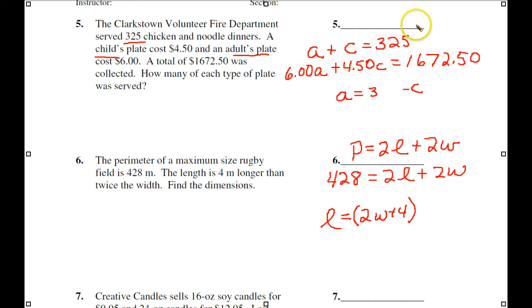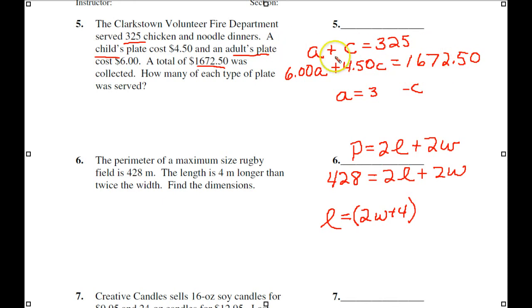Okay, and then they took in this amount of money. So, as we look at this then, what does the adult plate cost? $6. So $6 times the number of adults that were there, and then the child's $4.50 times the number of children that were there, gave you a total of this.